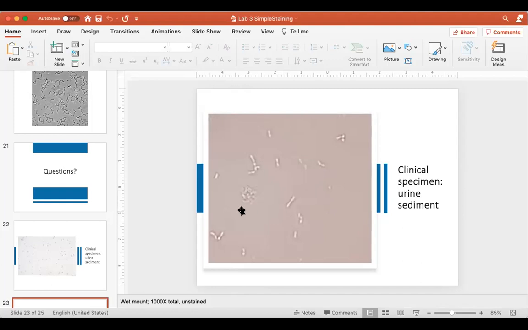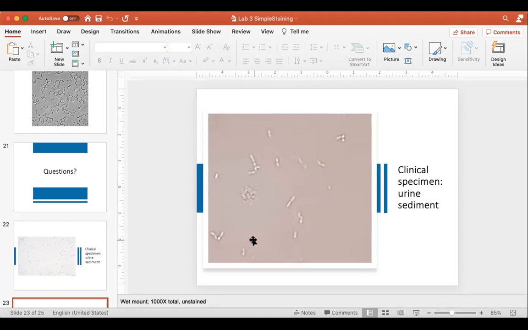So you have to look around. You have to look at all the cells to get a feeling for what the shape is. If this slide was truly a coccus-shaped bacterium, I wouldn't see something like this. I wouldn't see something like this. I wouldn't see something like this.